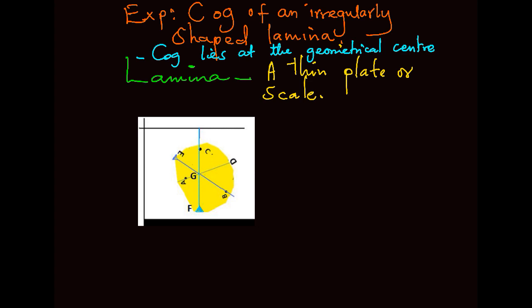First, it is important to understand the definition of a lamina. A lamina is a thin plate or scale which is irregularly shaped.